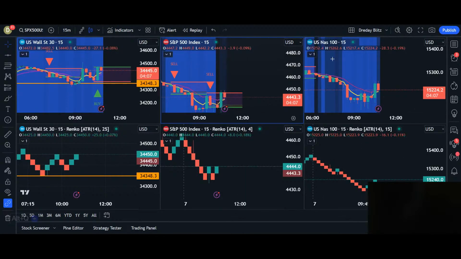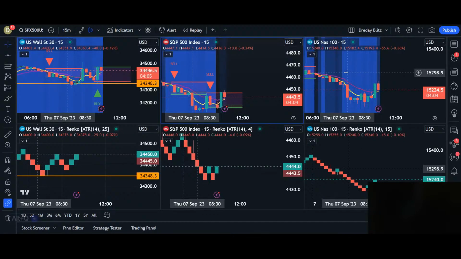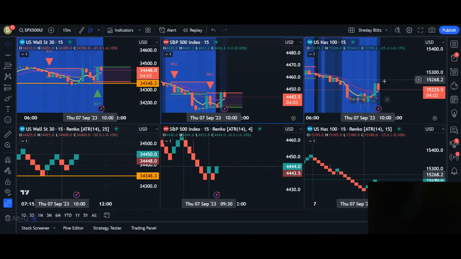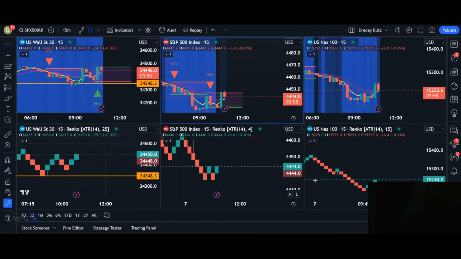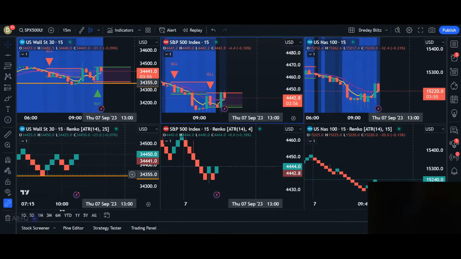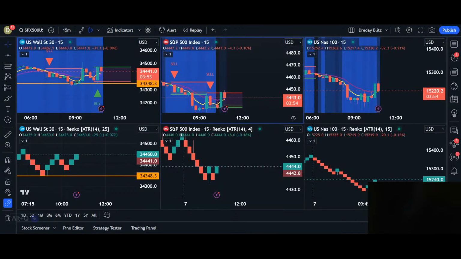And Nasdaq had a buy signal here, and we're still looking for a bullish movement going up. If we look at the Renkos, everything is going to the upside right now.